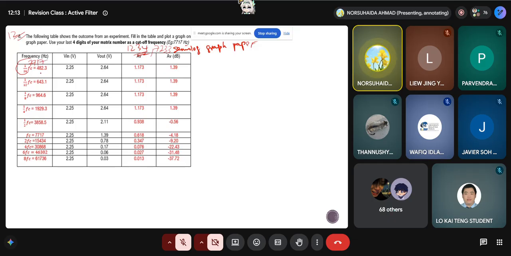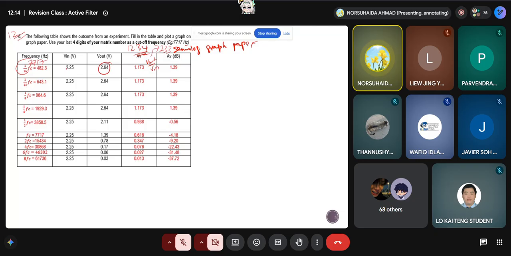So you get the value of frequency equal to 482, right? Then given Vin, given Vout, AV equals Vout over Vin.